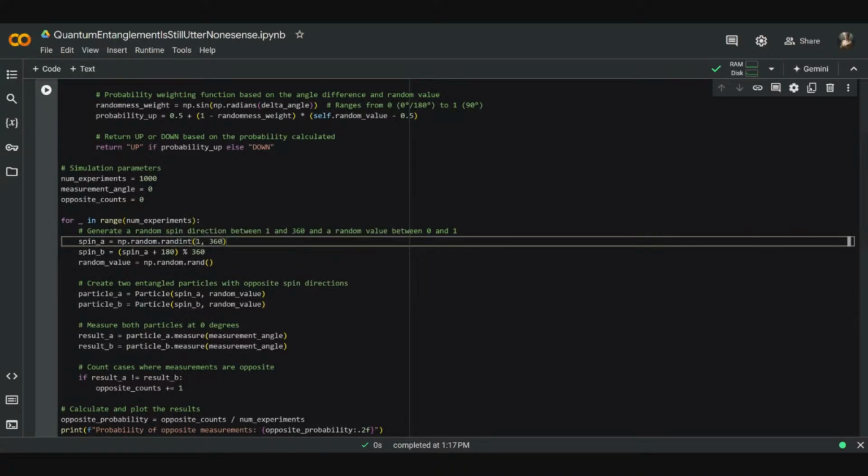Between 1 and 360. Yeah. So it says here, generate a random spin direction between 1 and 360 and a random value between 0 and 1. Okay, so this is between 1 and 360. And then spin B is spin A plus 180.